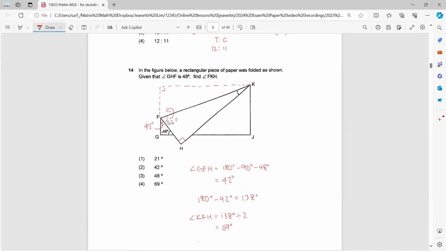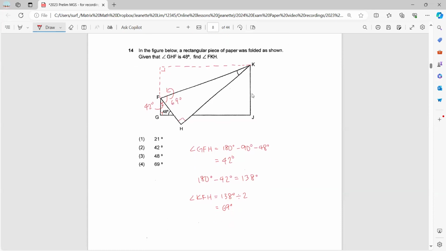Now we can find FKH, which is 180, angles in a triangle, 180 minus 90 minus 69. 21 degrees. So answer 21 degrees, option 1.